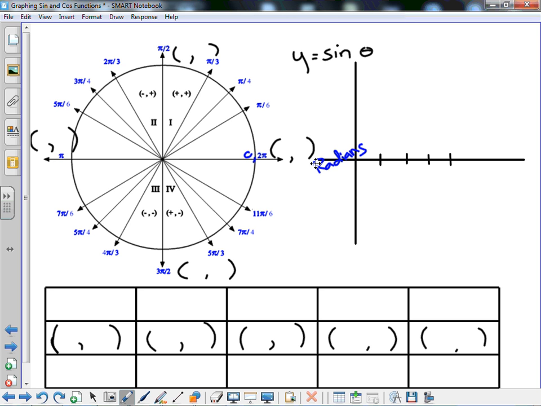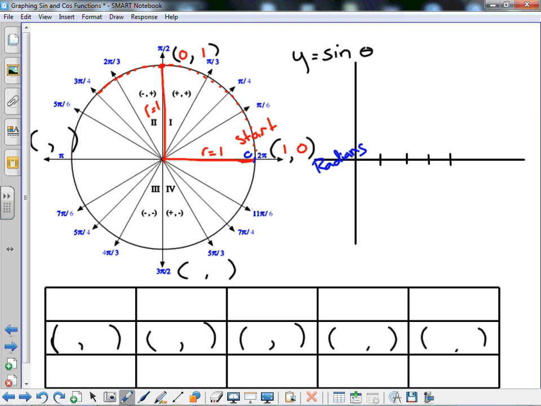So, exactly what does that mean? Well, like we saw just a second ago, we'll start here at 0, and we'll travel around, and the next point we're going to use is pi over 2. Now, pi over 2, our coordinate is 0, 1, because we have a length usually on the unit circle of 1. Going back to our starting point with the radius of 1 as well, we would be at 1, 0.